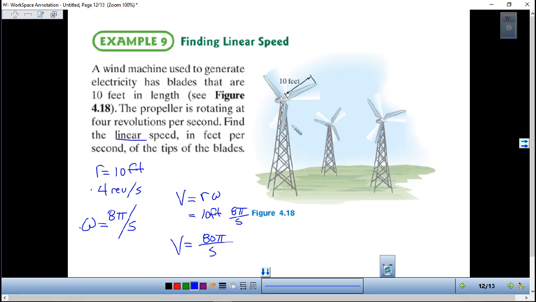So that's how fast the point at the end of this rotor is spinning. It's going 80 pi feet for each second. That's pretty quick. I would not want to be trying to fly through that if I was a bird.